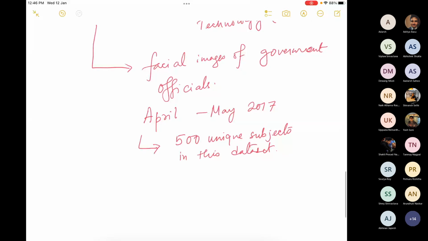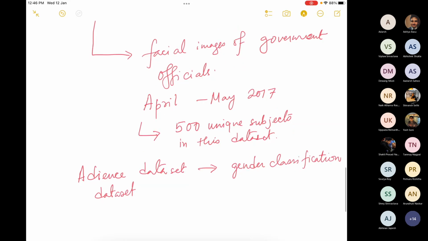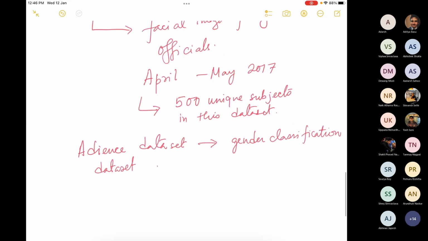The second benchmark was the Adience dataset. It is a standard gender classification dataset, and it was released in 2014.